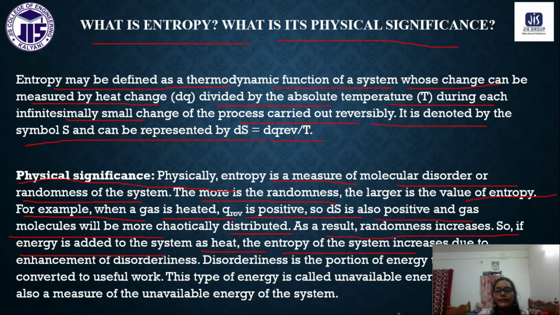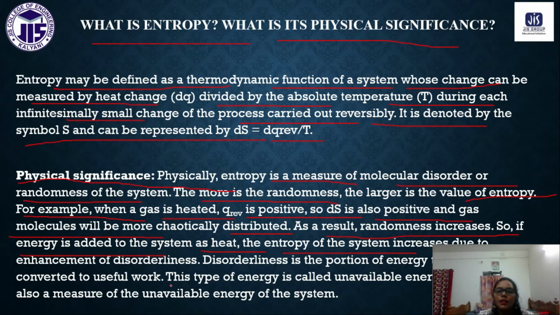Like I told you, if we convert a solid into a liquid by giving some energy, obviously we have to give some energy, and for that the entropy will increase. Again, if we heat that liquid to convert it into the gaseous phase, the entropy will again increase due to the increase in randomness.